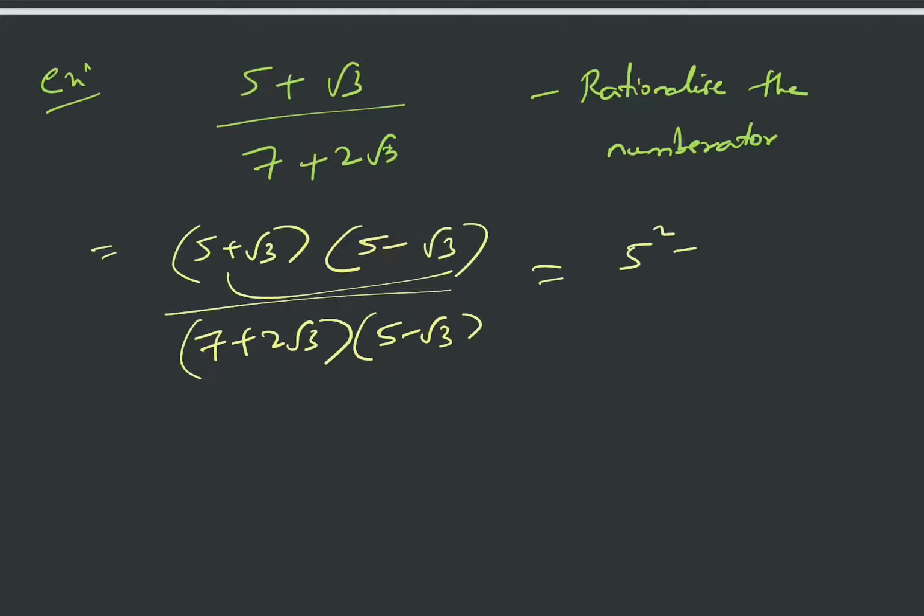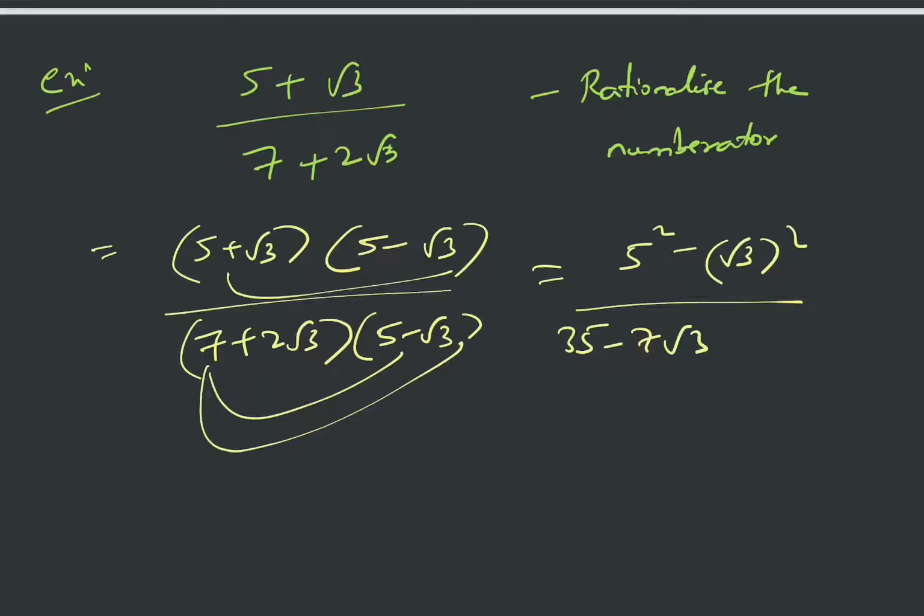So now the numerator is a square minus b square, and the denominator you can simplify, right? 7 5s are 35 minus 7 root 3, and this is plus 10 root 3, and minus 2 root 3 into 3 root 3, which is 2 into 3, that is 6.